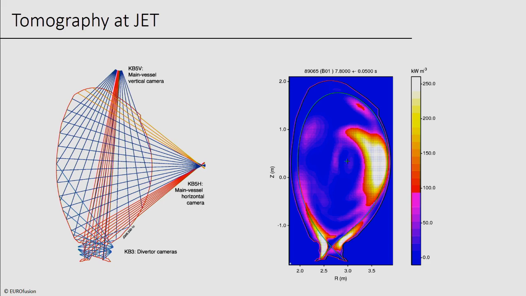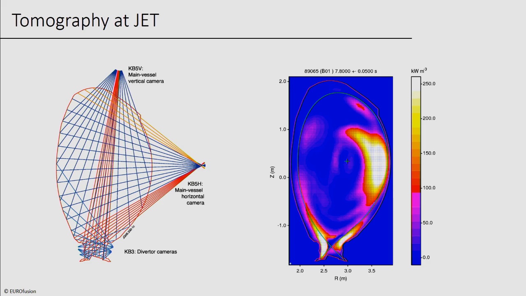So basically, let's forget about these cameras here, but it has two cameras, a horizontal camera and a vertical camera. And these cameras have certain lines of sight. What does that mean? This line of sight over here is measuring the total radiation along this line.